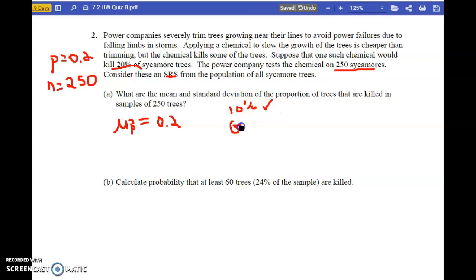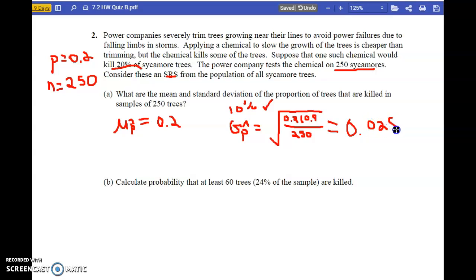That means we can calculate the standard deviation. So the sigma of the p hats, if I do the square root of 0.2 times 0.8 over 250, we get a standard deviation of 0.025.